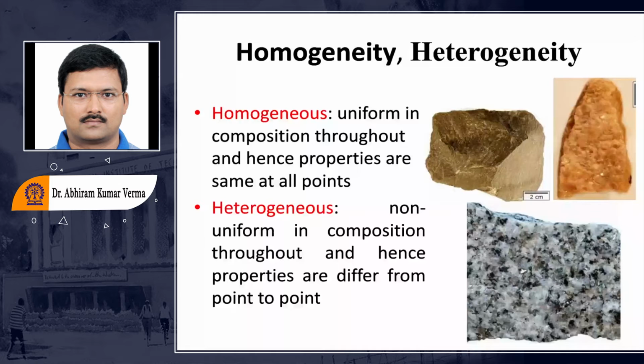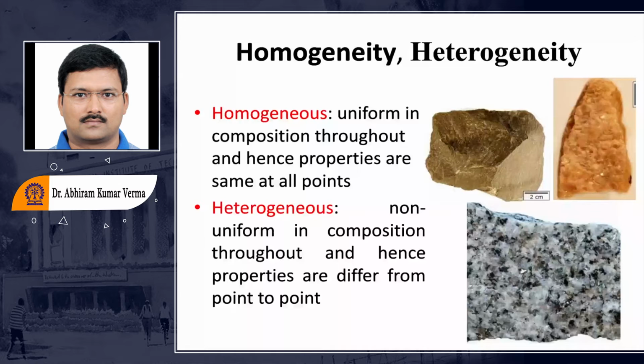It means the composition of the material will be the same throughout its volume. So that is the homogeneity we are talking about. And the other extreme will be heterogeneity, when it is not. You can see in this figure, I am trying to show you three rock pieces. The bottom one is the granite.